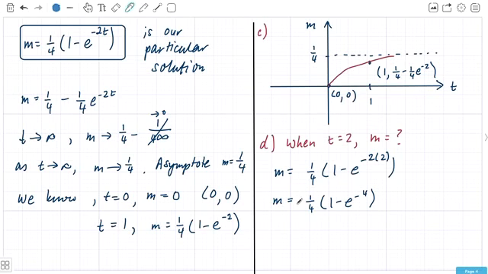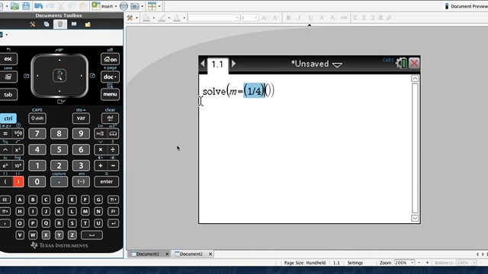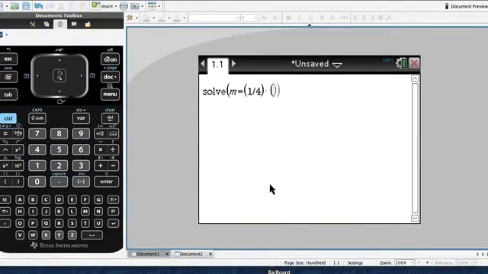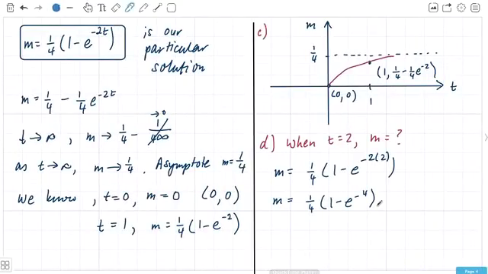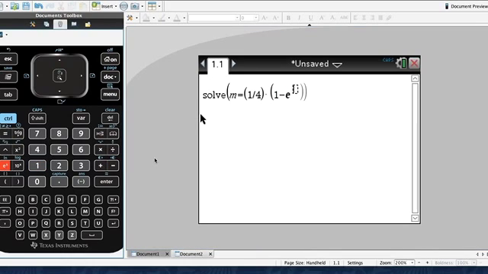And then to solve this one, it's easier to put that into the CAS. So I'll put that in. Let's use the solve command: m equals 1/4, with brackets around that and a multiply in there, 1 minus e to the negative 4, and we're solving that for m.